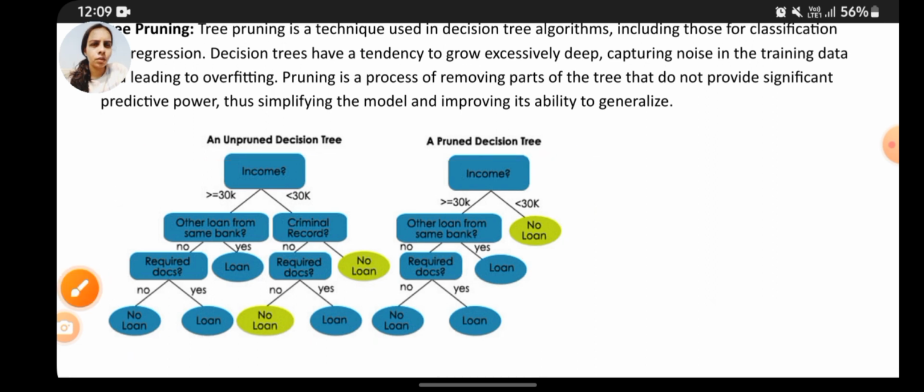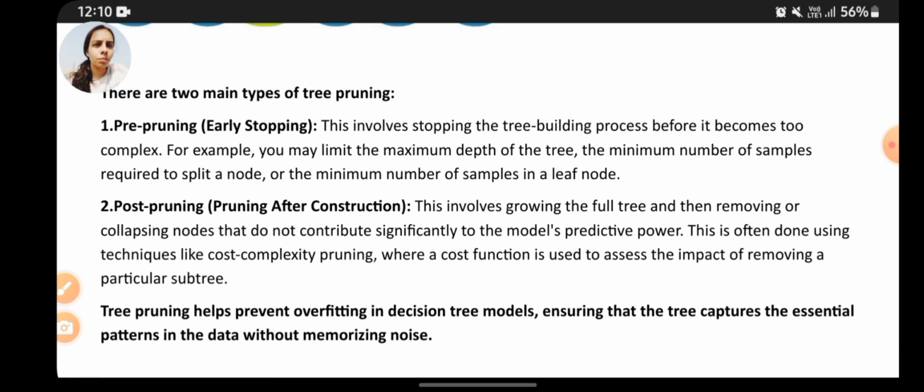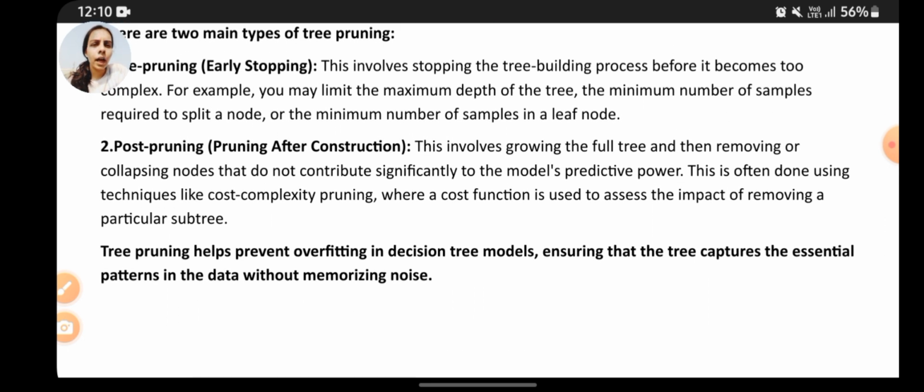And tree pruning. So tree pruning is a technique that is used in decision tree algorithms, including those for classification and also for regression. Decision trees have the tendency to grow excessively deep, capturing noise in the training data and leading to overfitting. Pruning is a process of removing parts of the tree that do not provide significant predictive power, thus simplifying the model and improving its ability to generalize.